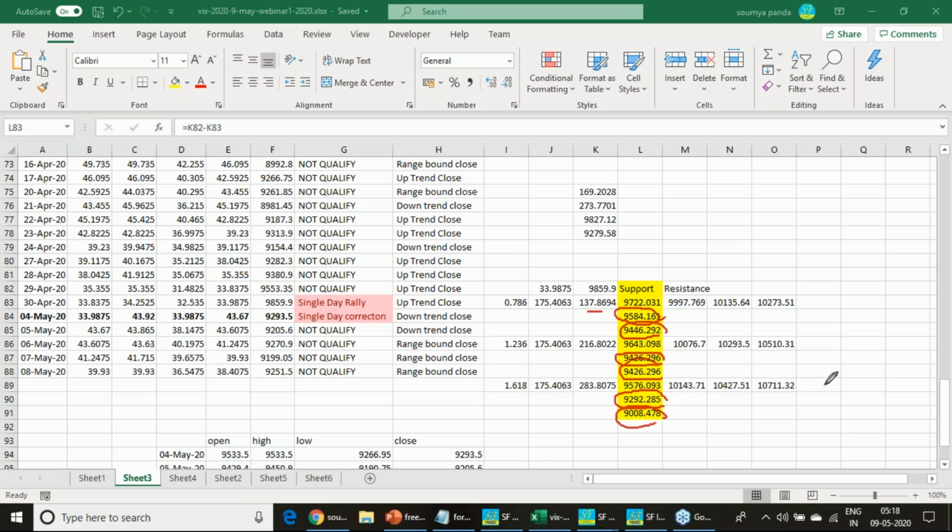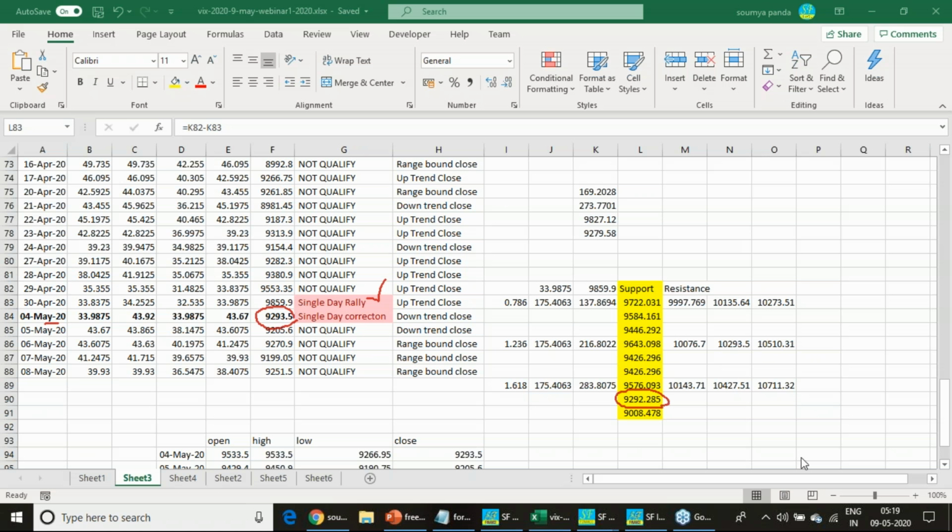If you go through these support calculations, on the second day after the single day rally there was a correction, the next day a correction, and the next day a correction, which is on 4th May. That is also a single day correction. You just have a look here, 9293.5. So this is your calculation.